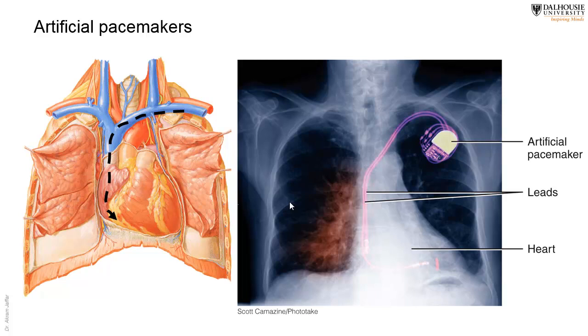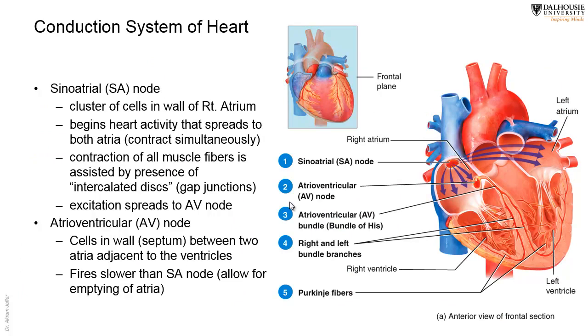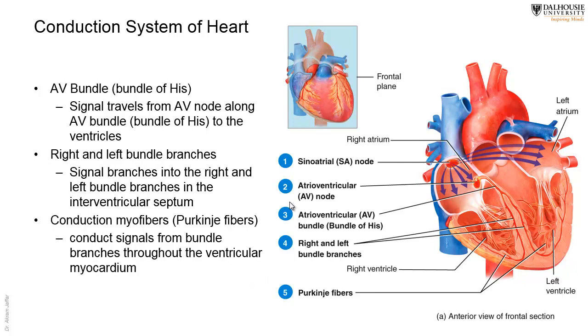And these will trigger instead of the SA node or the AV node, so they will produce an artificial pacemaker instead of the natural pacemaker. The natural pacemaker, remember, is the SA node, which is modified cardiac muscle fibers located in the wall of the right atrium.